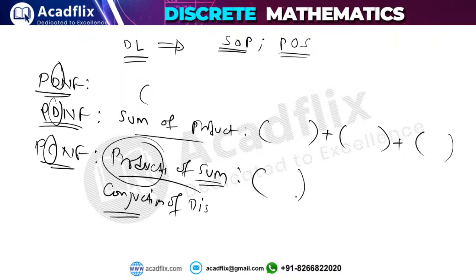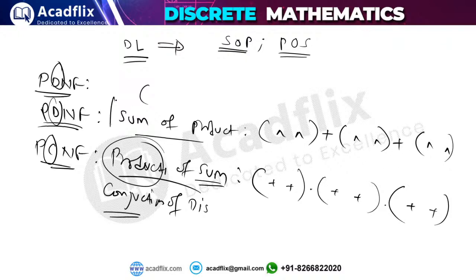What it means? It means conjunction of disjunction. So you do the conjunction outside and inside you do the disjunction. Disjunction means internally you do the plus and outside you do the multiplication. Here sum of product means internally you do the product, and externally you do the summation. Very easy it is.